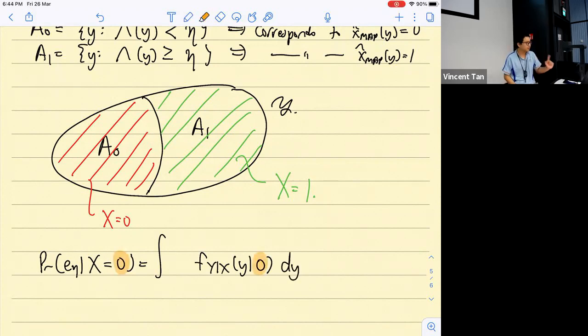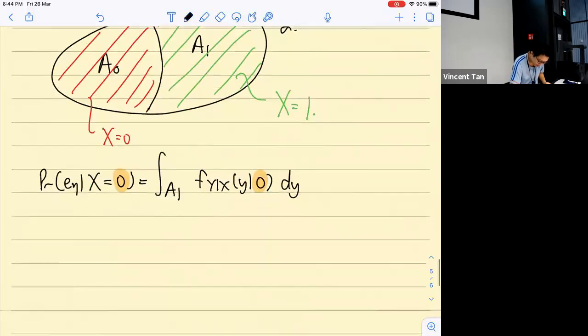But what are we integrating over? We are integrating over the region A1 because we are deciding in favor of x equals 1. So basically, our y landed in this region here, but in fact, the y was generated from this distribution conditioned on 0. Understand? So this is the probability of false alarm.